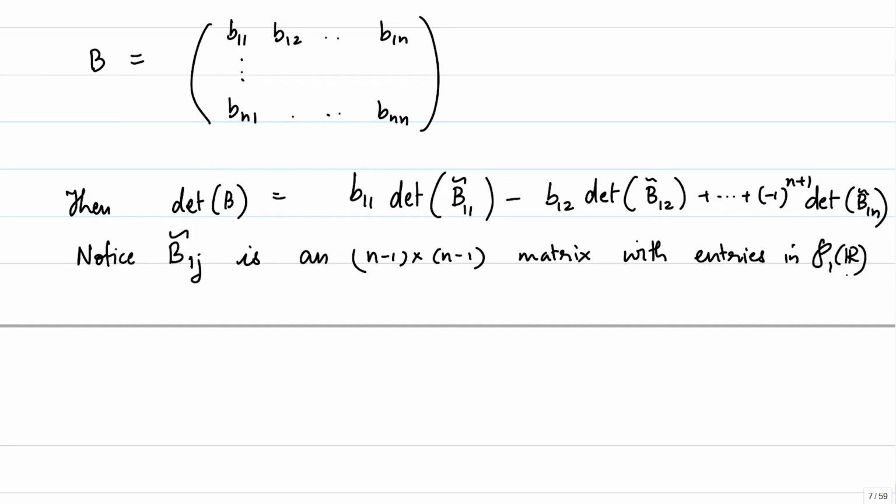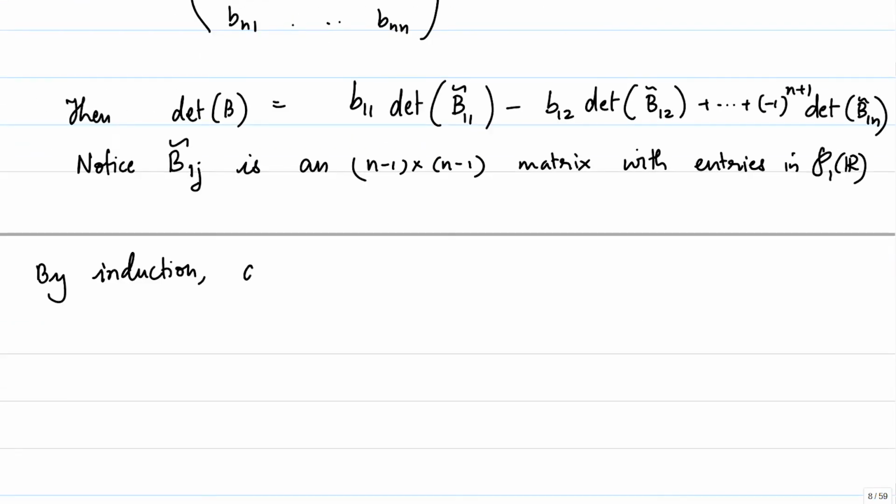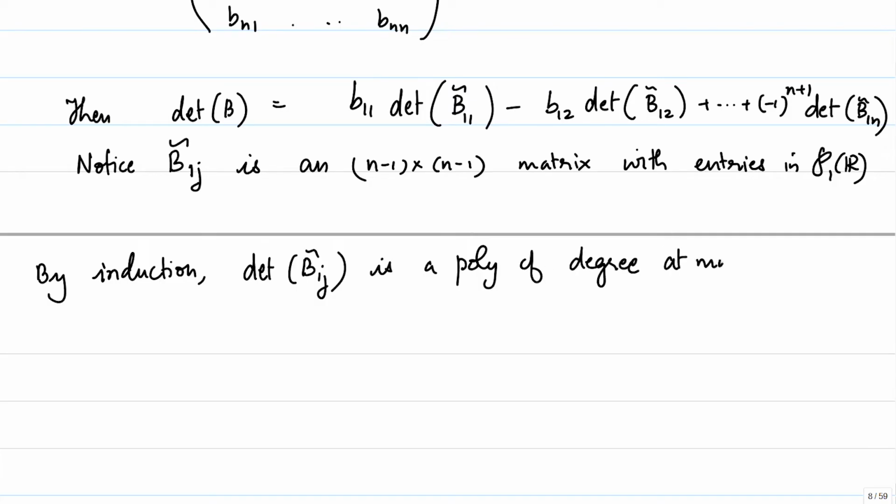And now the induction hypothesis is in force. Because this is an n minus 1 cross n minus 1 matrix, by induction the determinant of B1j tilde is a polynomial of degree at most n minus 1.